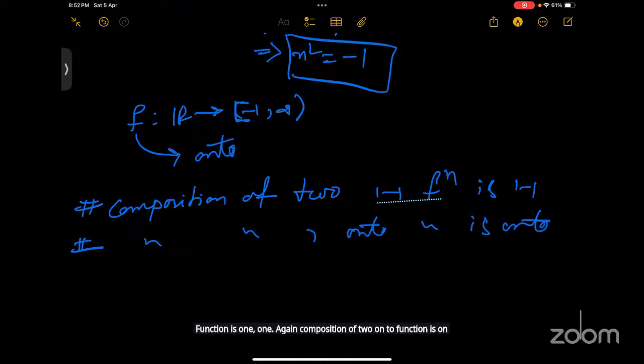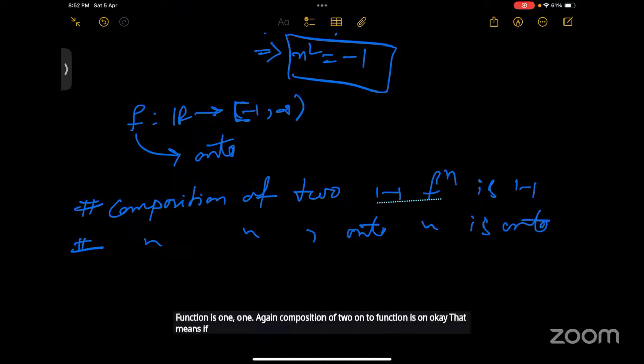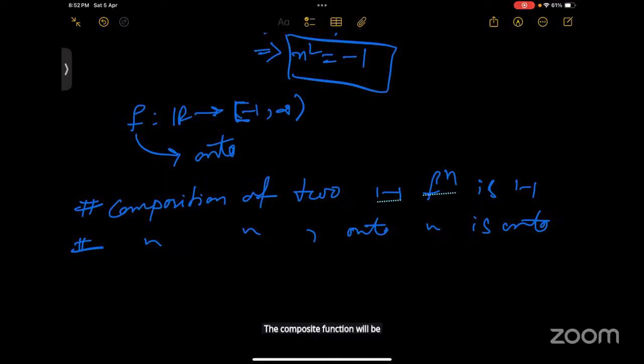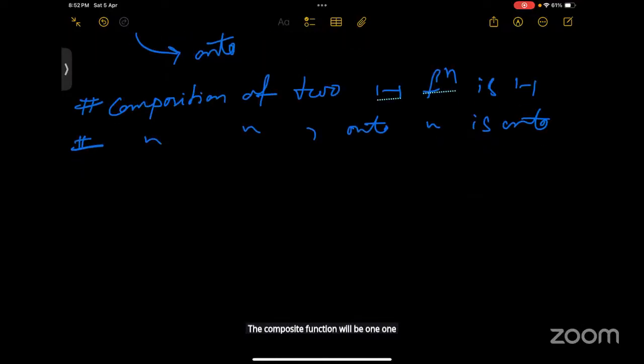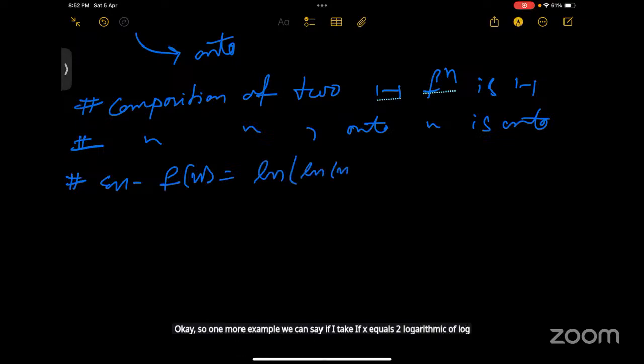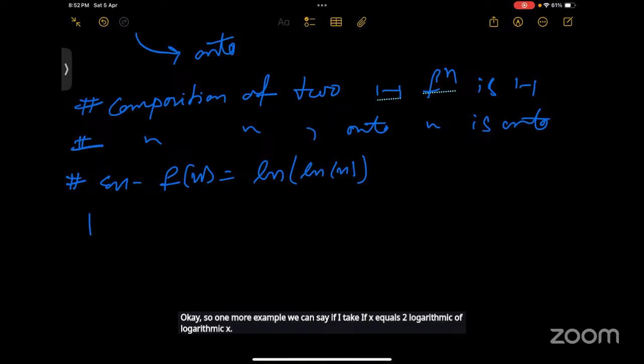That means if you have two one-one functions or two onto functions, the composite function will be one-one and onto respectively. So one more example: if I take f(x) equals log of log x, then what is the domain of this function?